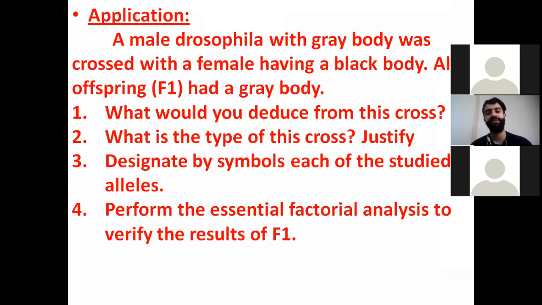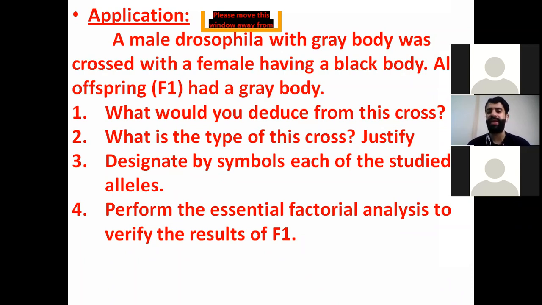Yes, Hadi, can you give me the answer? Since all the offsprings have the gray body like one of the parents, then the gray allele is dominant over the black allele, which is recessive.